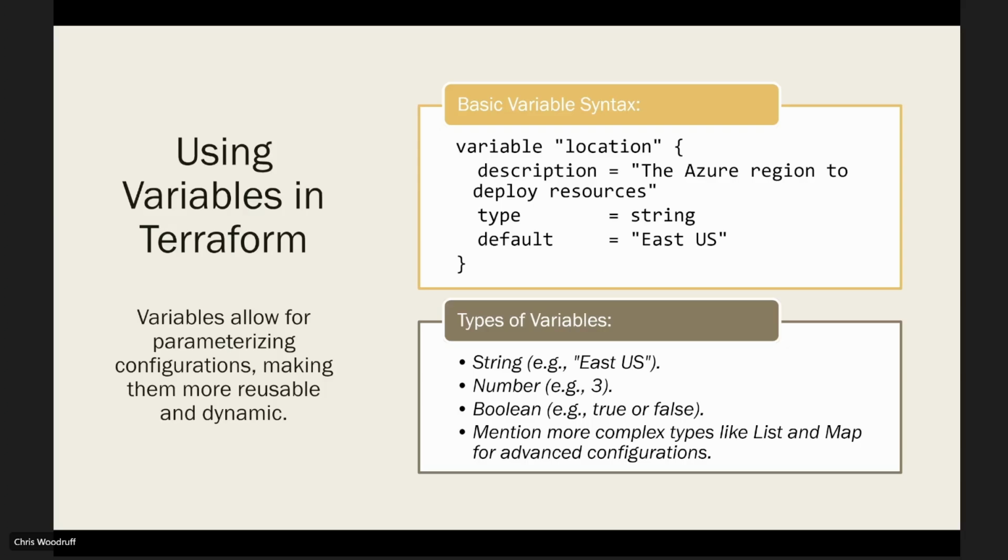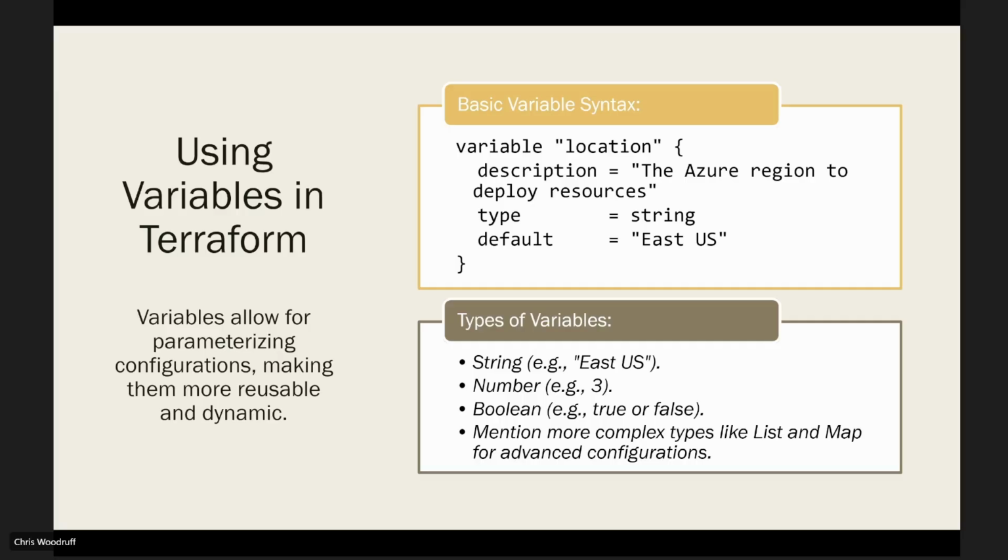In this case, it's US East, and the type is a string. So basically, this is the format that you're going to use for most of your variables. There'll be a description, a type, and a default. And you can set those in other places, but you need to have the default to just fall back on.